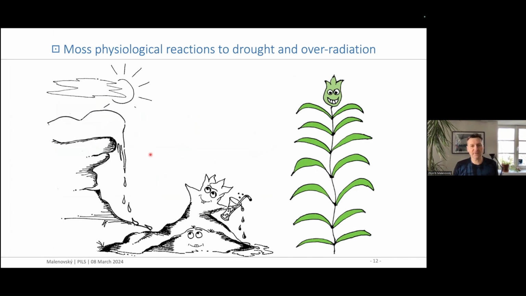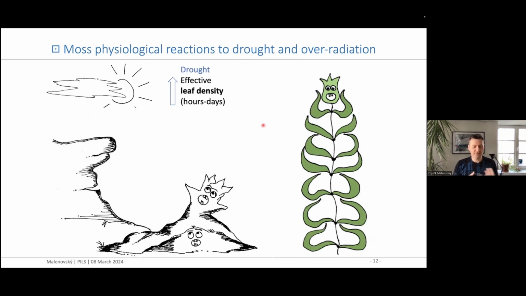Now, if the environment is optimal, and that's very rarely, but if the moss gets all the optimal growing conditions, which is fresh water and just the right amount of irradiation, it will flourish, it will basically produce leaflets, and it will accumulate a lot of photosynthetically active pigments, mainly chlorophylls. Then if the fresh water disappears because it has just evaporated or there is not enough snow melt, then the drought will cause, as a first reaction, a rolling of the leaves.